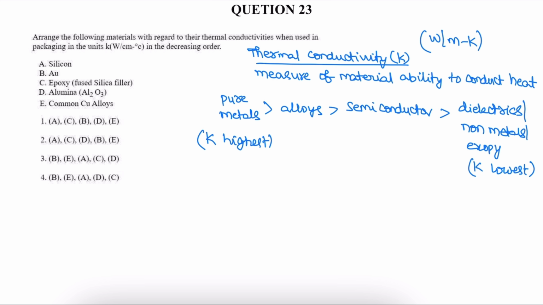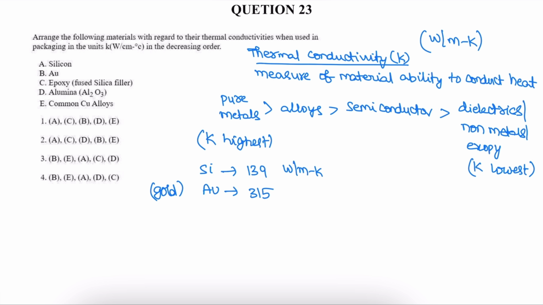Thermal conductivity K for silicon is 139. Silicon is a semiconductor. For silicon, thermal conductivity K is 139 watt per meter Kelvin, and for gold, AU is gold, it is 315 watt per meter per Kelvin.